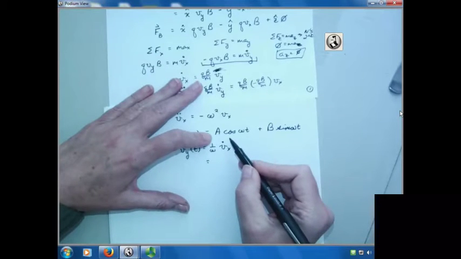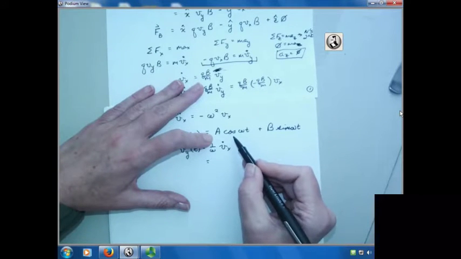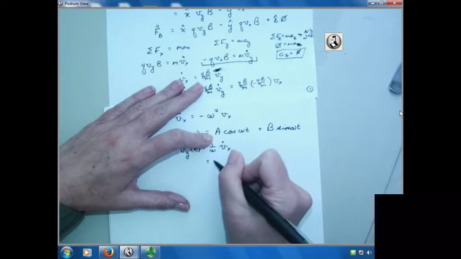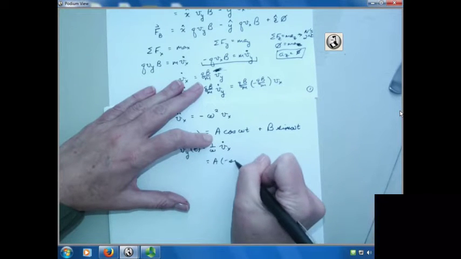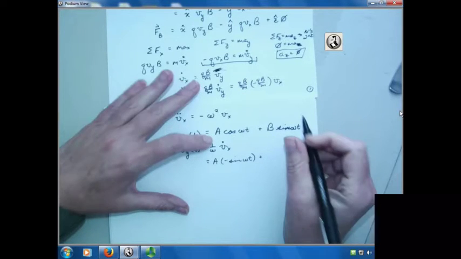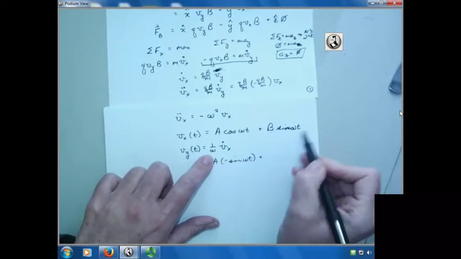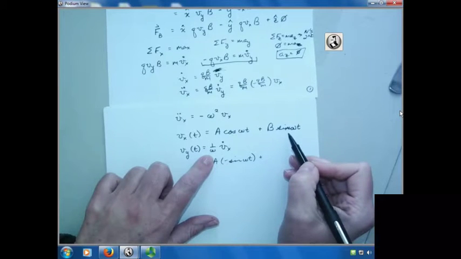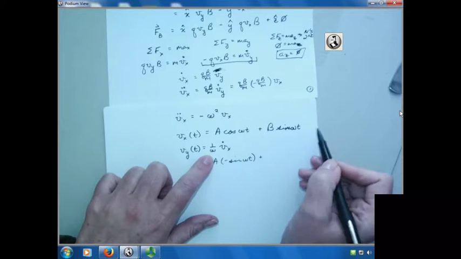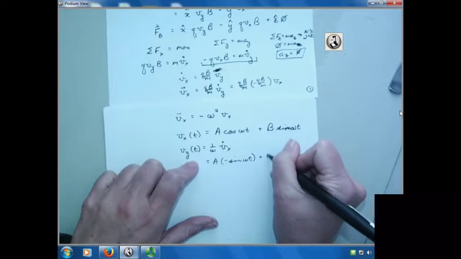I get Vx dot. So that'll be A times negative sine omega t times omega, but I've got a 1 over omega out front. Plus 1 over omega times the derivative of this with respect to time. So 1 over omega times B cosine omega t times omega just gives me B cosine omega t.